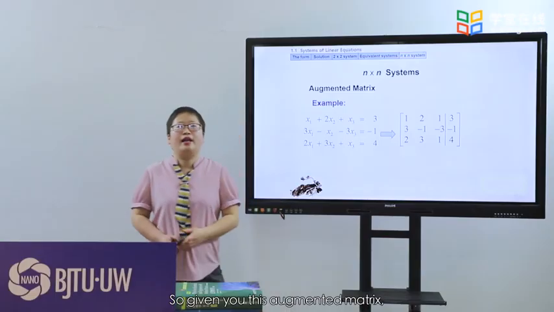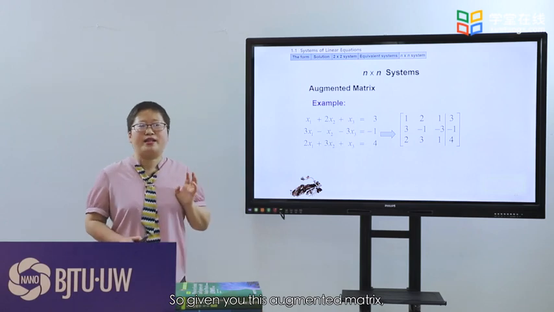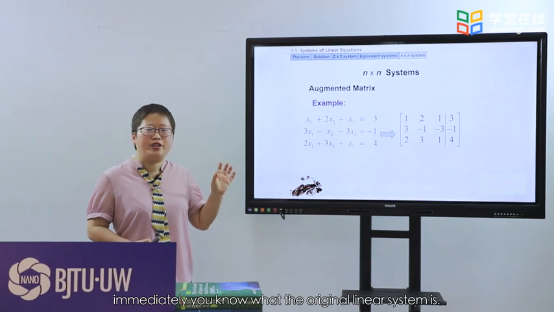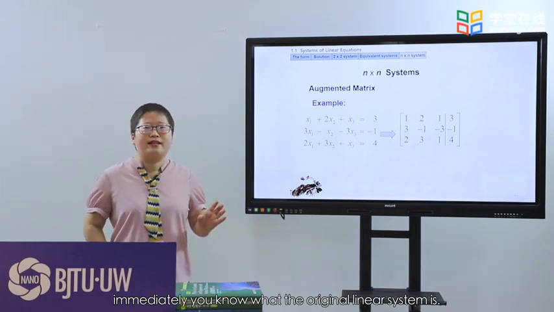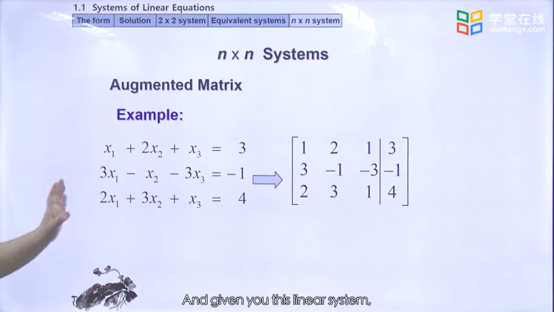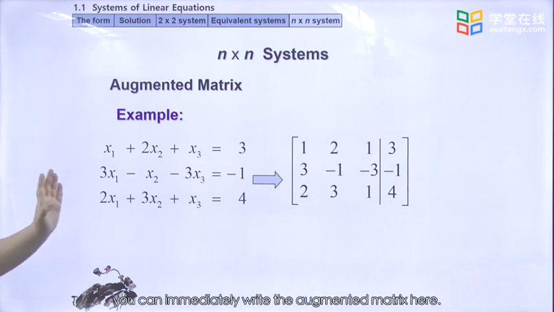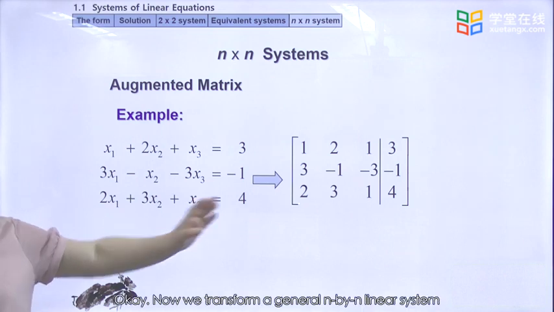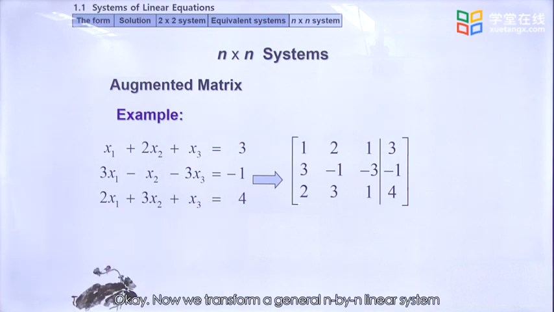Given this augmented matrix, you immediately know what the original linear system is. And given the linear system, you can immediately write the augmented matrix. So now we have transformed a general n by n linear system to an augmented matrix.